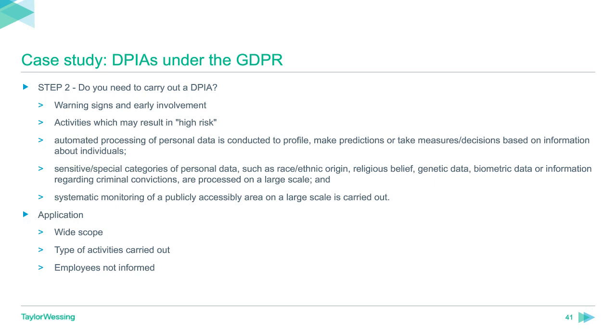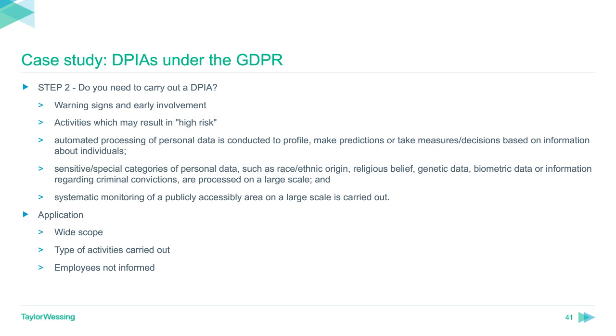The second criterion is where sensitive or so-called special categories of personal data, such as race, ethnic origin, religious belief, genetic data, biometric data, or information regarding criminal convictions are processed on a large scale. So this is a test which has been set out by the GDPR.